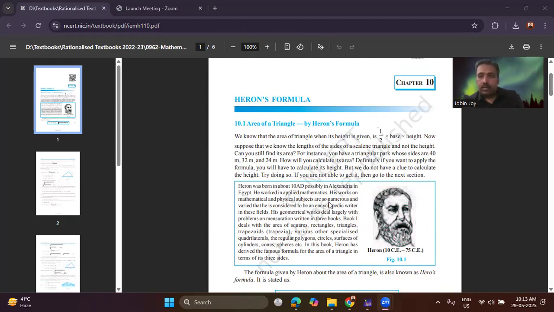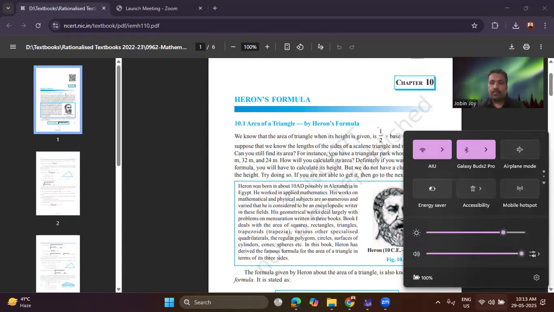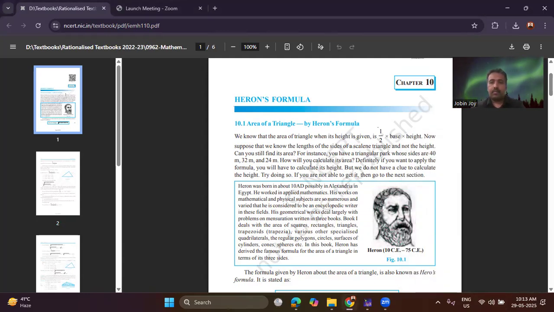So let's start the next topic called Heron's formula. This is basically to calculate the area of a triangle.